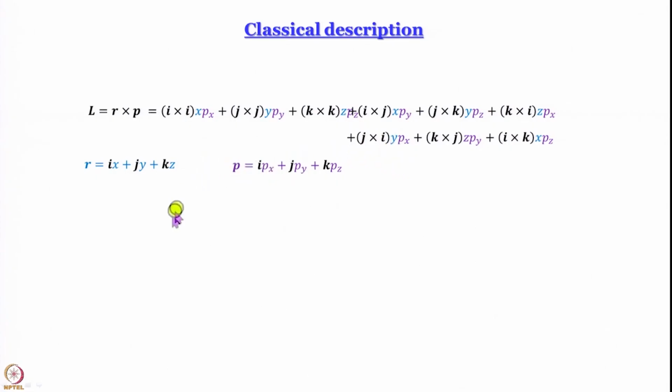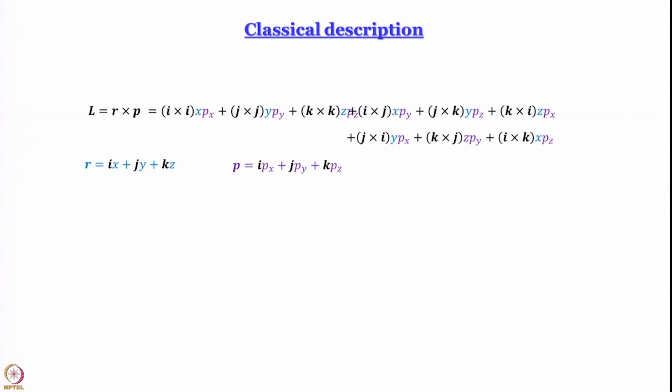Then kz cross jpy gives you k cross j multiplied by zpy, and finally ix cross kpz gives us i cross k xpz, right. These are our 9 terms.